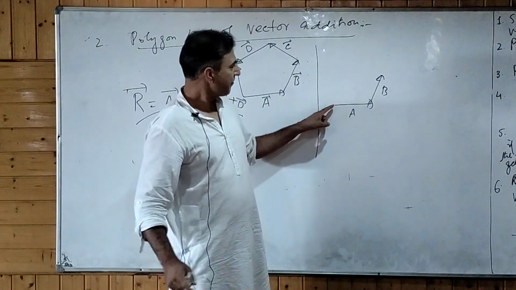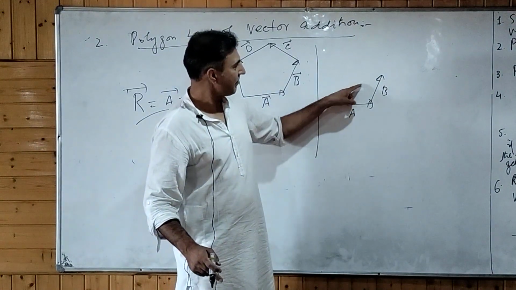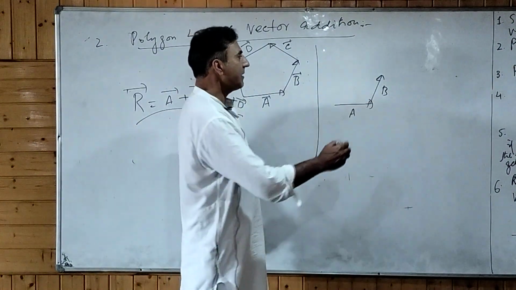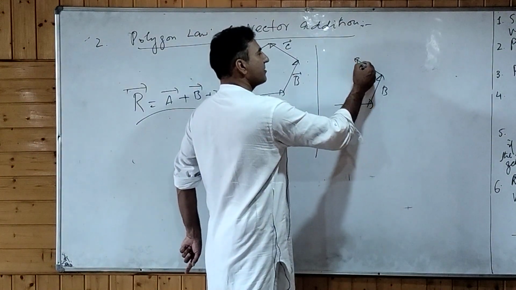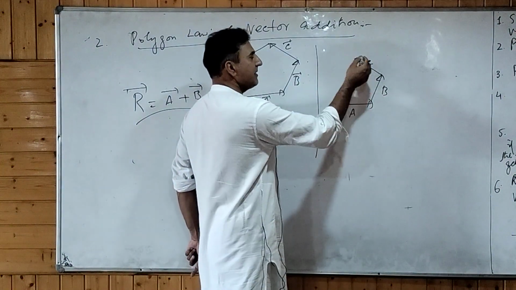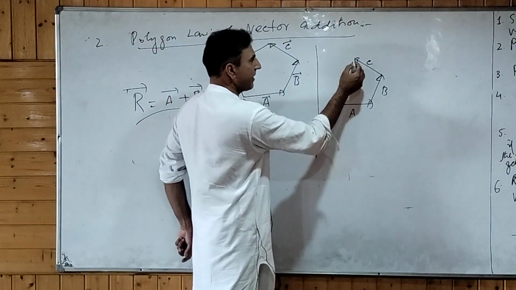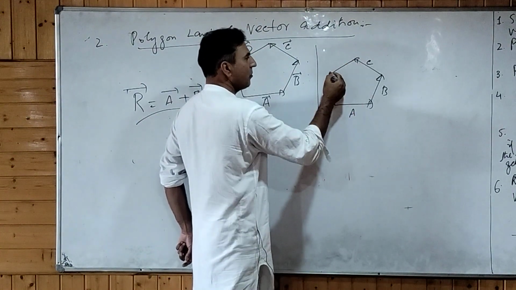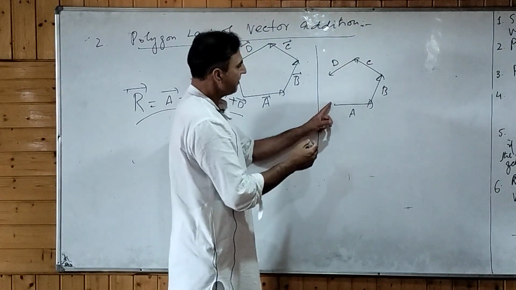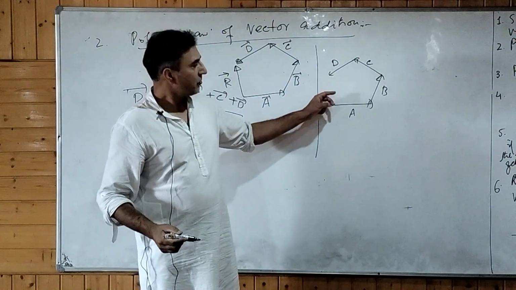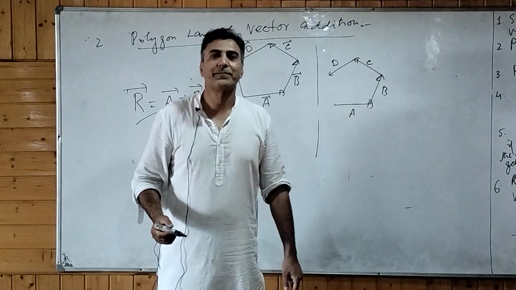So that will be this part. This part will be the resultant of these two. But suppose I have one more vector C, and I want to add these three vectors. This will be the resultant, this one from tail to the head of C. Suppose there is one more, that is D. Then this will be the resultant, and mark it well, the resultant तो short होता जा रहा है.